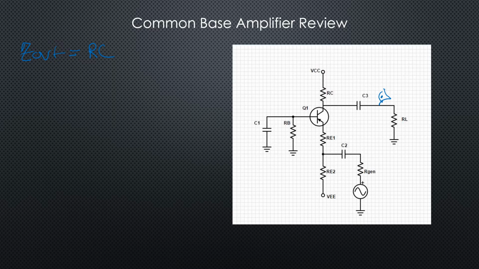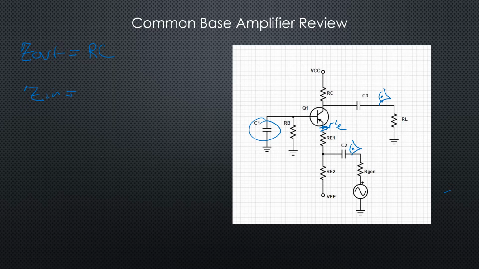And Zin is going to be the impedance that the generator sees. So Zin is going to be equal to, we can see again, we've got C1, so that's acting like an AC ground. And if we bring 0 across the beta barrier, we still have 0. So we've got this R prime E right here.